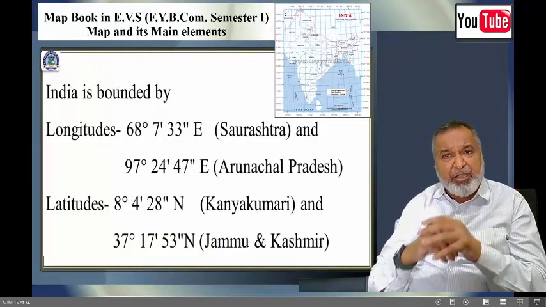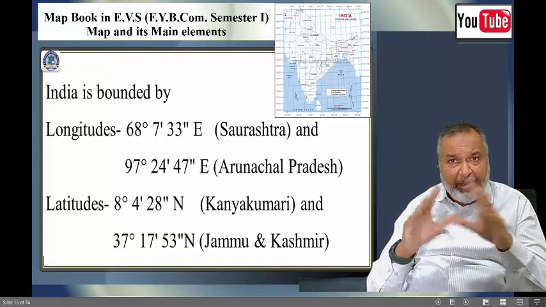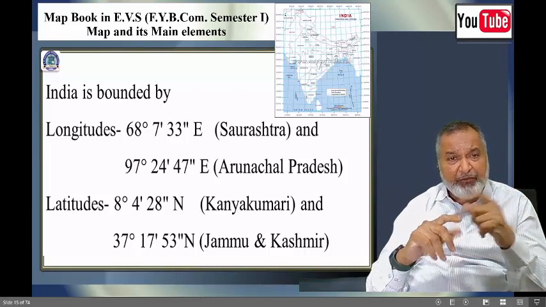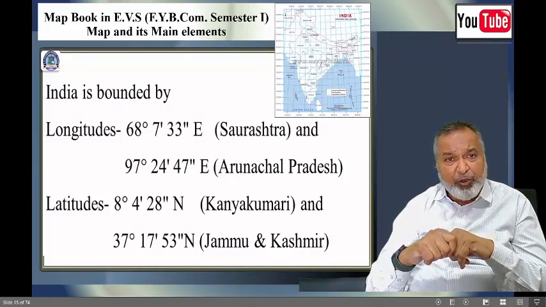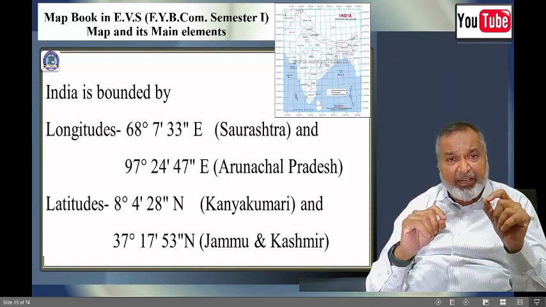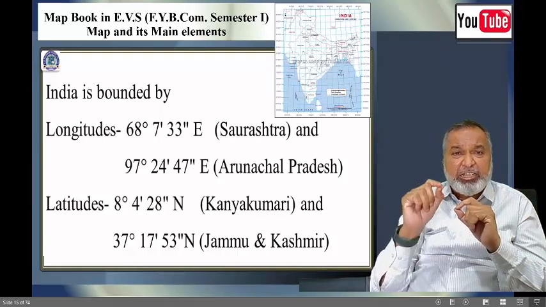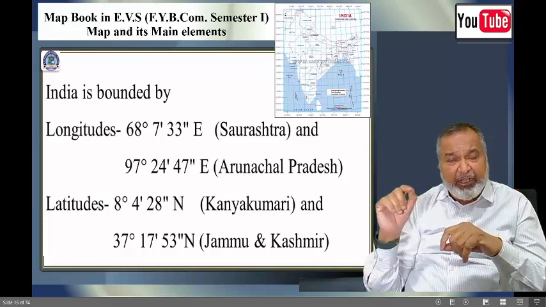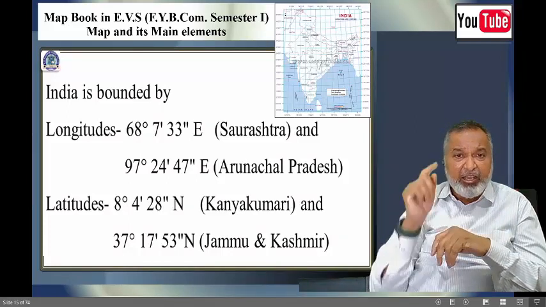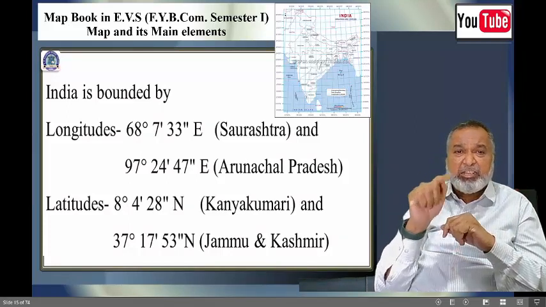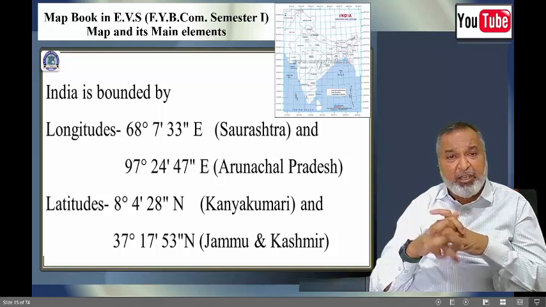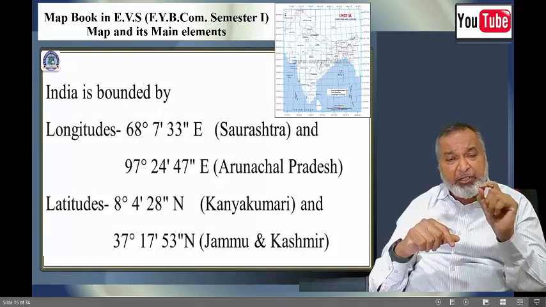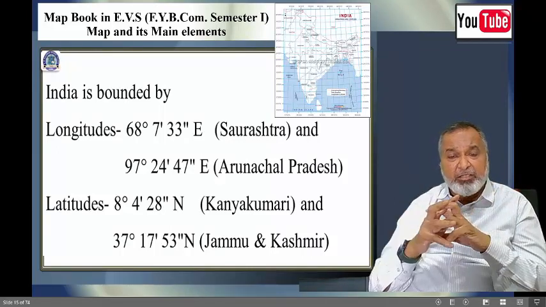Now this is the map we have been shown, the India map, and in that map, how are you going to read out the latitudes and longitudes? Here is an example. Longitude 68 degrees, 7 minutes, 33 seconds. One tick mark gives the minutes and two tick marks give the seconds. So 68 degrees, 7 minutes, 33 seconds east is Saurashtra, whereas 97 degrees, 24 minutes, 47 seconds east is Arunachal Pradesh.